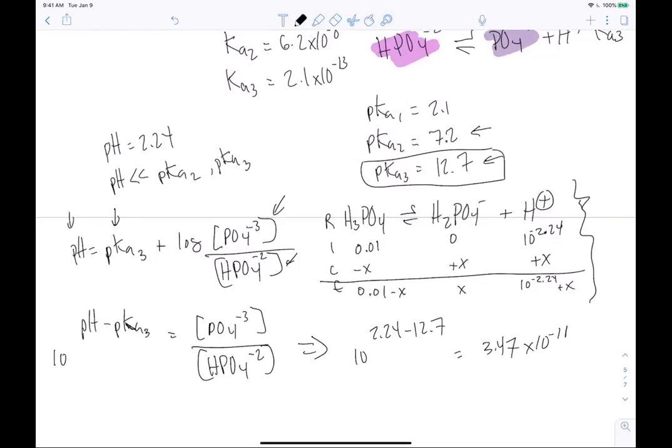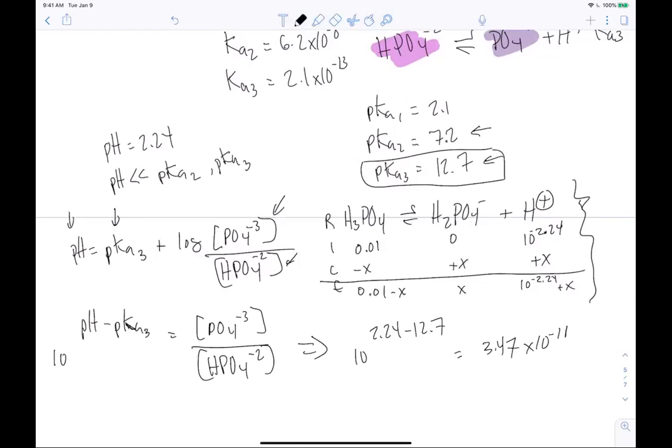That gives us our ratio of those two things together. That means for every one HPO4 minus 2 we have, we'll end up with 3.47 times 10 to the minus 11th phosphates. Oh, we're so close.